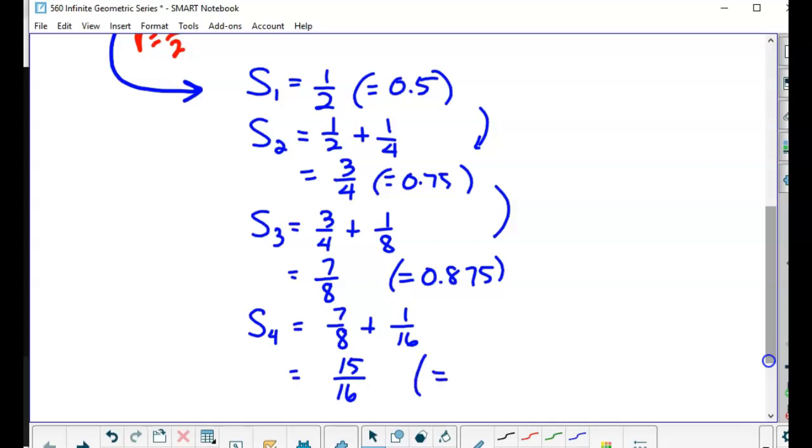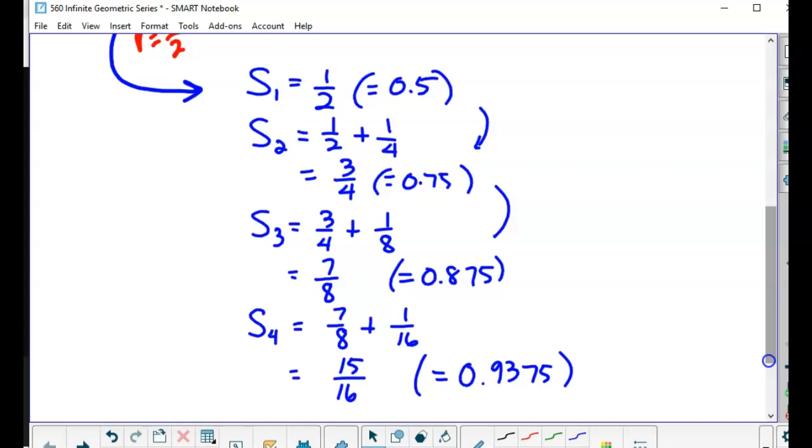So here, maybe that's what you meant, like the sum of this, Howard? Not sure. Yeah, maybe that's what you meant. In any case, as we keep adding the terms together, this is only 4 terms. If we keep going, you'll see that the sums approach the value of 1.